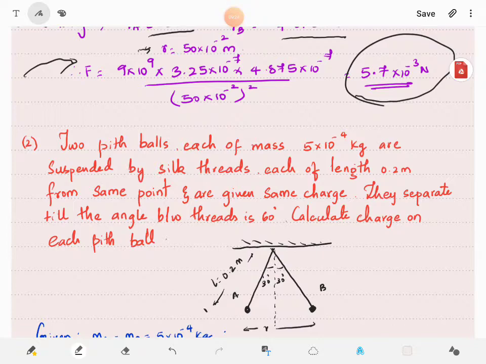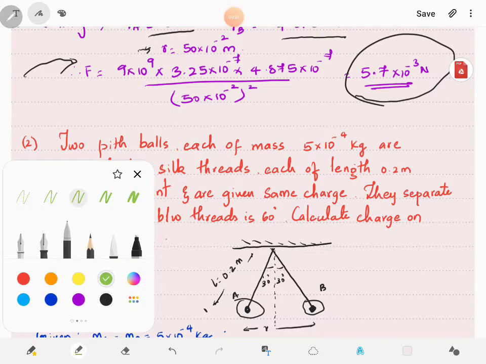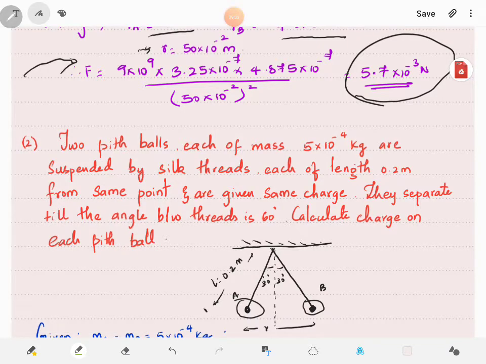Pith balls are basically, you can call them like some kind of pendulums, A and B. Let me change the ink here. This is what the situation has been depicted in this figure. We have 2 balls which are suspended from the same point by means of a silk thread. And they're supposed to have the same charge.